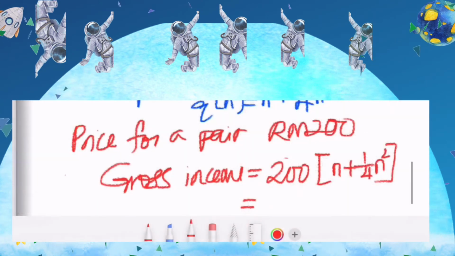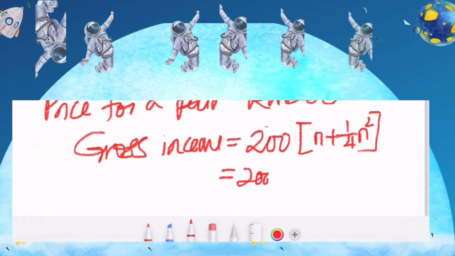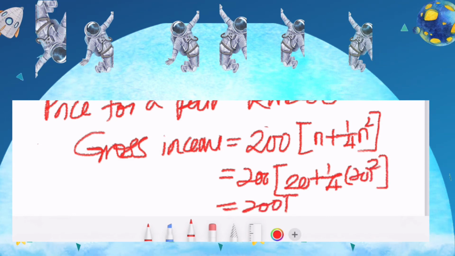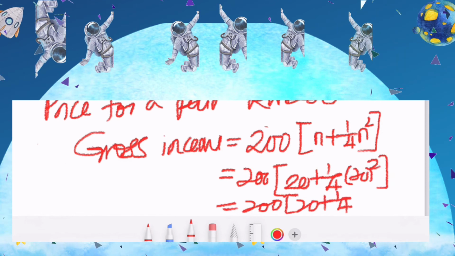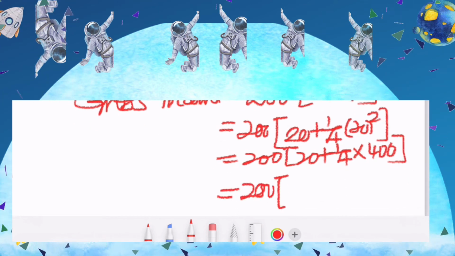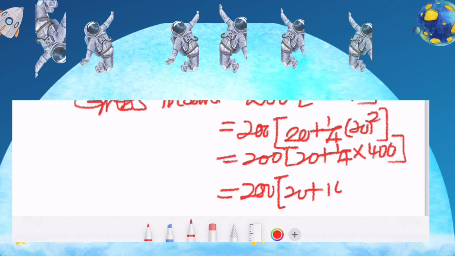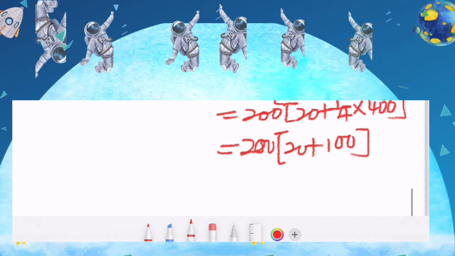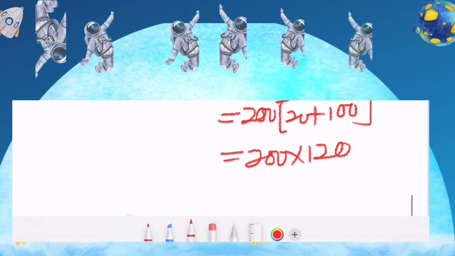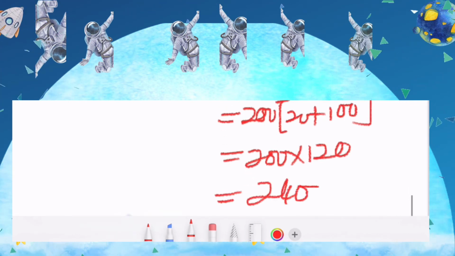So we need to write the amount in ringgit Malaysia for the total gross income, which is 200 times with 20 plus 1/4 times 20 squared, which is equivalent to 24,000. So that is how we apply the composite function to calculate the gross income of the factory in a week.